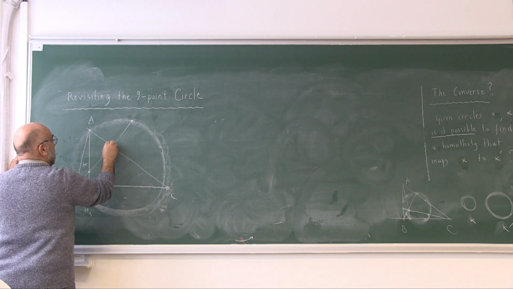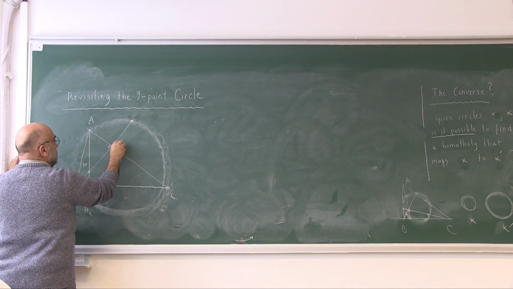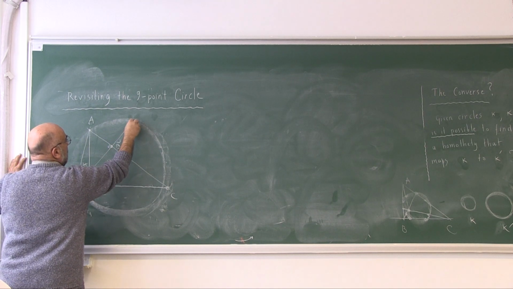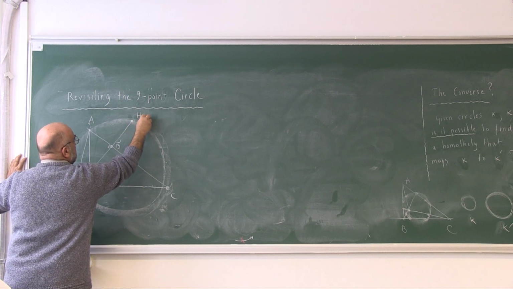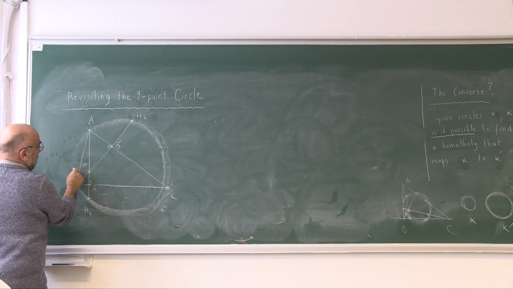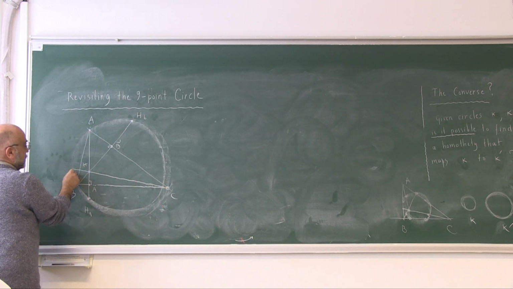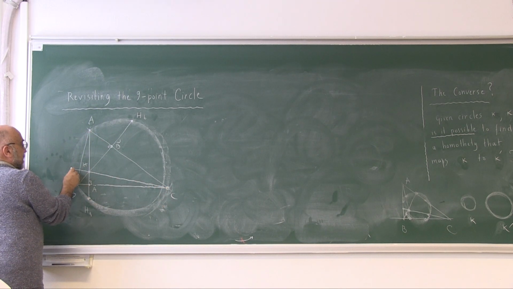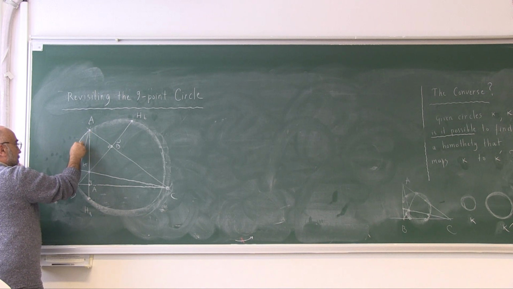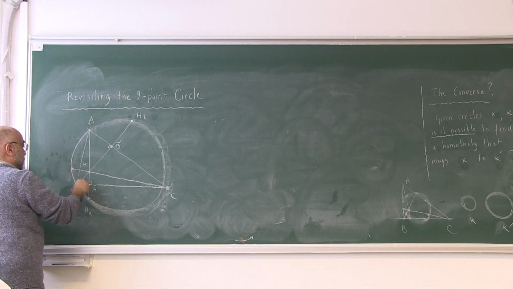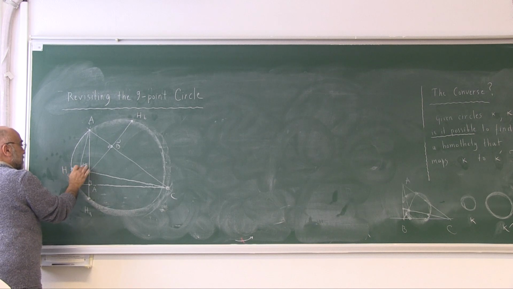So this is my B tilde, this is my HB, and this is my 3rd altitude, which intersects the circumcircle in HC.